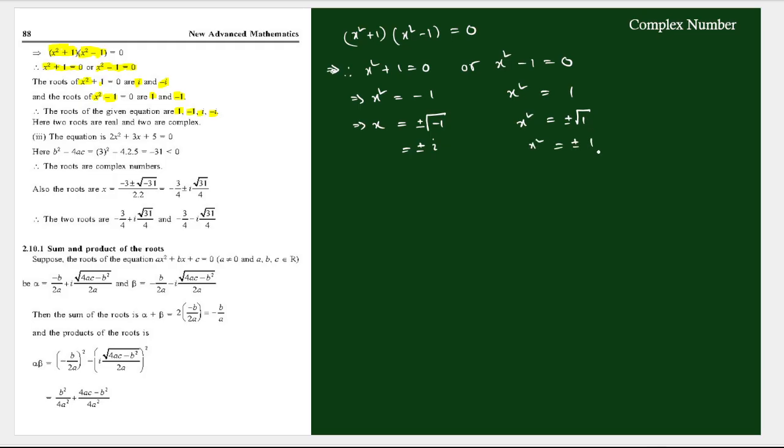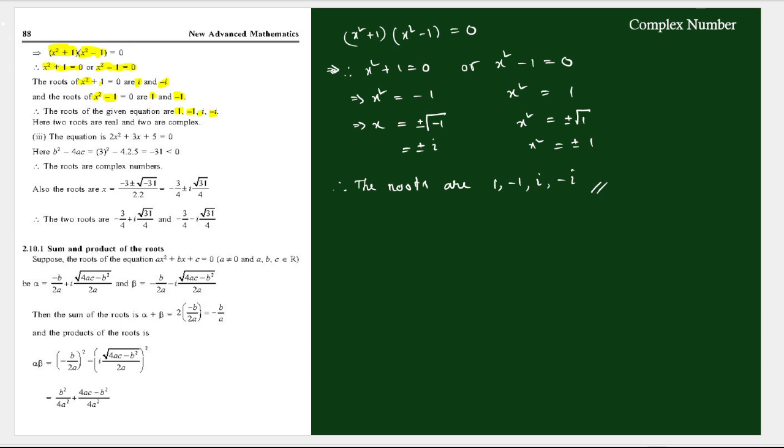So this is plus minus 1. So therefore the roots are 1, minus 1, plus i and minus i. Understood? So two of them are real and two are imaginary.